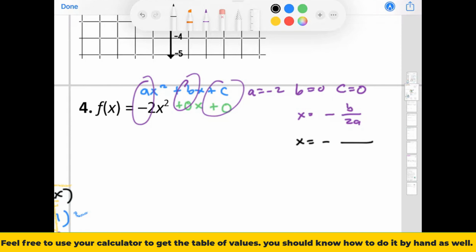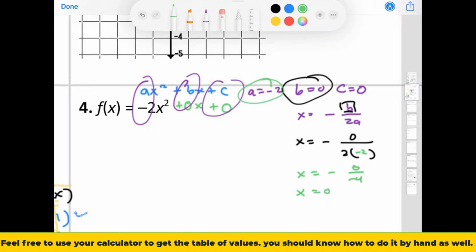All right, my B value is 0, and my A value is -2. So I have 0 divided by -4. 0 divided by any number is 0. The opposite of 0 is 0. So x equals 0.